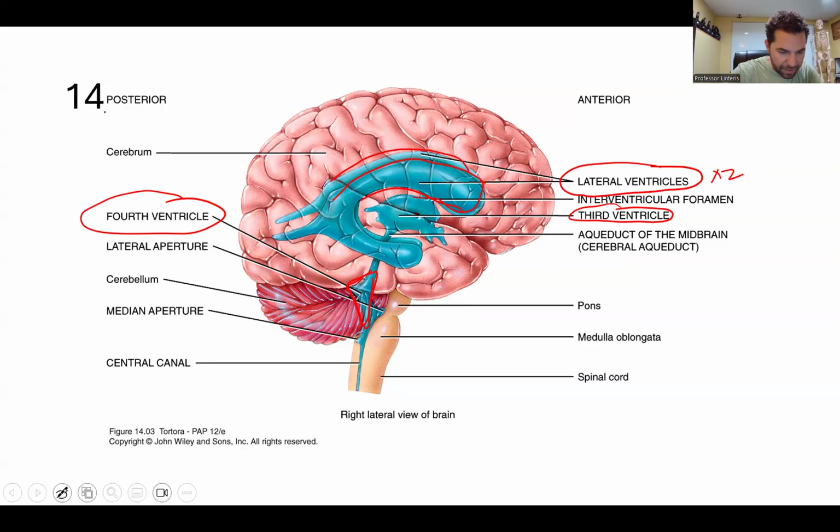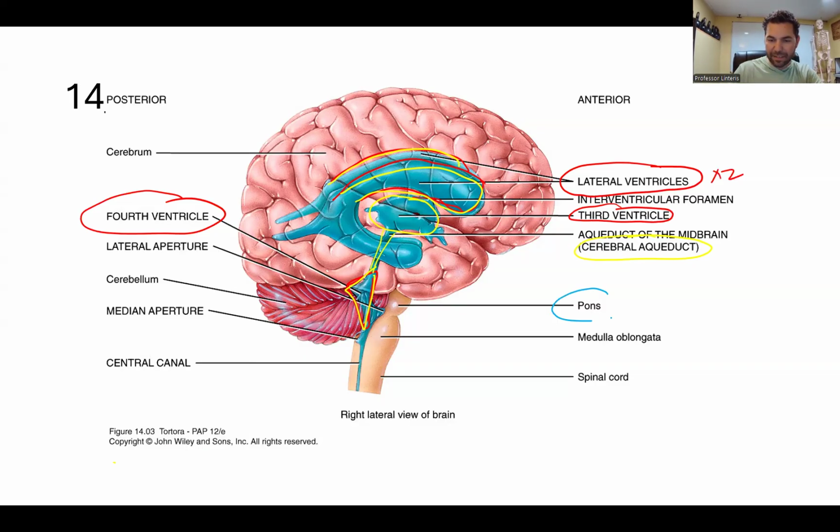Maybe I'll use some yellow on here so I can highlight it a little bit better. Third, laterals. And there's an important structure that's connecting the third to the fourth ventricle. And that is our cerebral aqueduct that we talked about before as being a component of the midbrain.